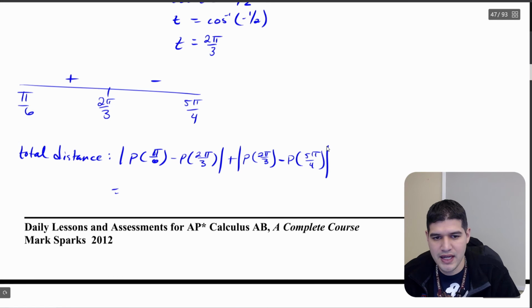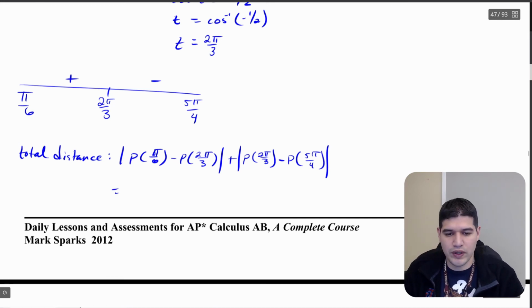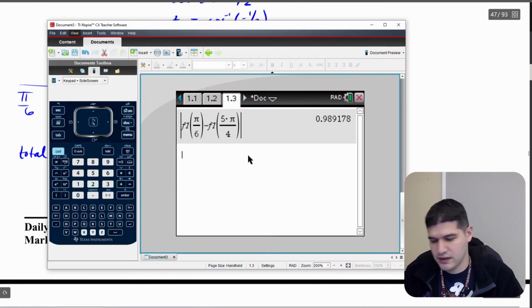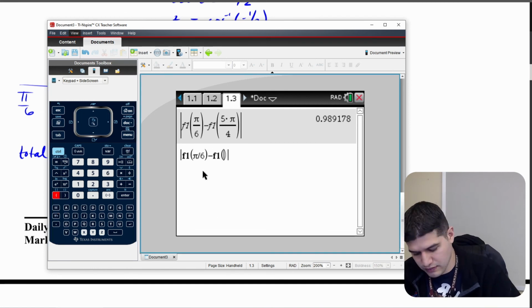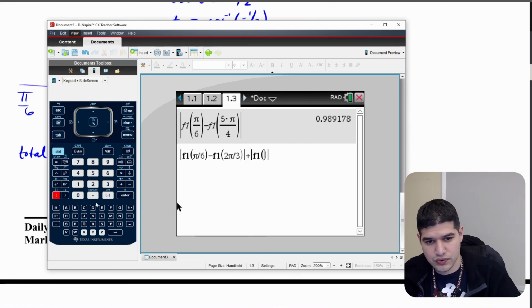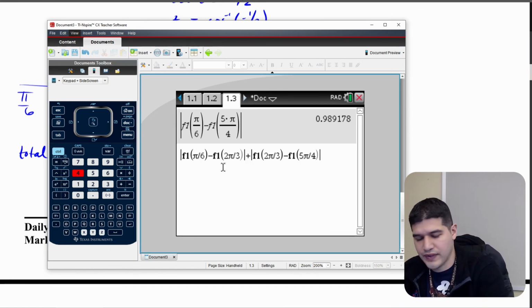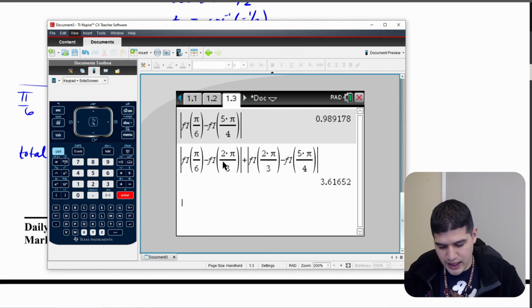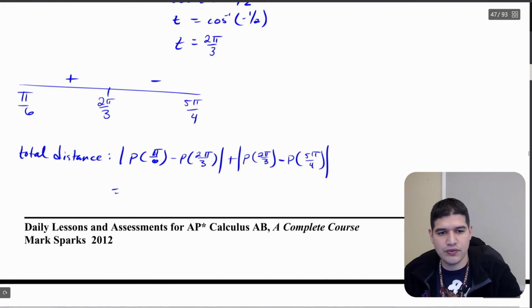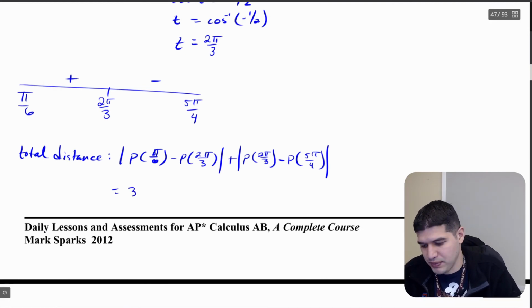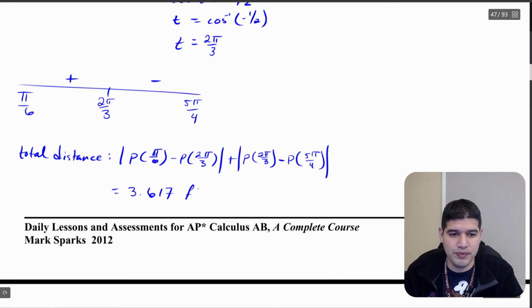Let's see what we get out when we put this into the calculator. 3.61652, and to 3 decimal places that is going to be 3.617, and our units of measure here would be feet.